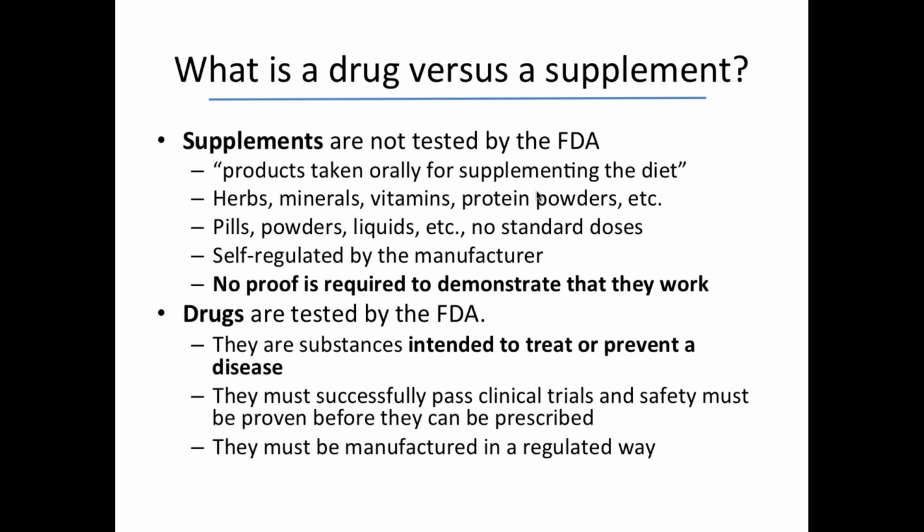Production of supplements are typically self-regulated by the manufacturer, although there are some quality assurance companies out there that can help assign a level of quality assurance to some of these supplements. And the important thing to know is these supplements, there is no proof that is required to demonstrate that they work or have any function. This is something that's pretty much opposite of how drugs are reviewed.